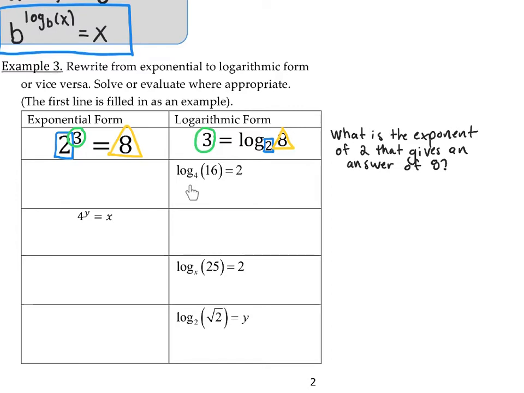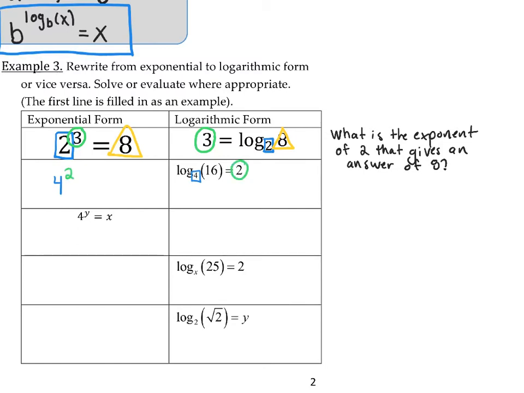So part of logarithms is just training your eye where to look. If we look at this next one, it's given in logarithmic form. The way I would interpret this is what is the exponent of 4 that gives an answer of 16? Hopefully you recognize that the exponent of 4 that gives an answer of 16 is 2. And the way we would translate to exponential form is we would kind of go backwards. So I would start with the 4 as the base. So that's what I would write over here. On the answer side, that is going to be the exponent.